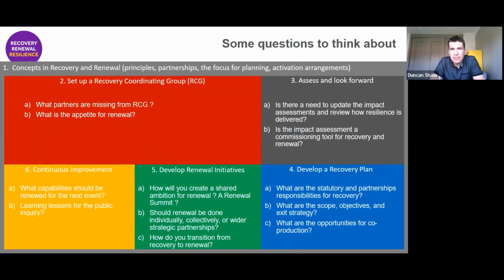David, we haven't seen, or we've seen some places write recovery plans, but other places not write formal plans. No, I think the kind of flexibility, the agility for partners to manage the process in the way that suits them best is clearly always going to be preferable. It doesn't need to have a prescriptive plan. I think it's more about having the right people around the table agreeing the priorities together.